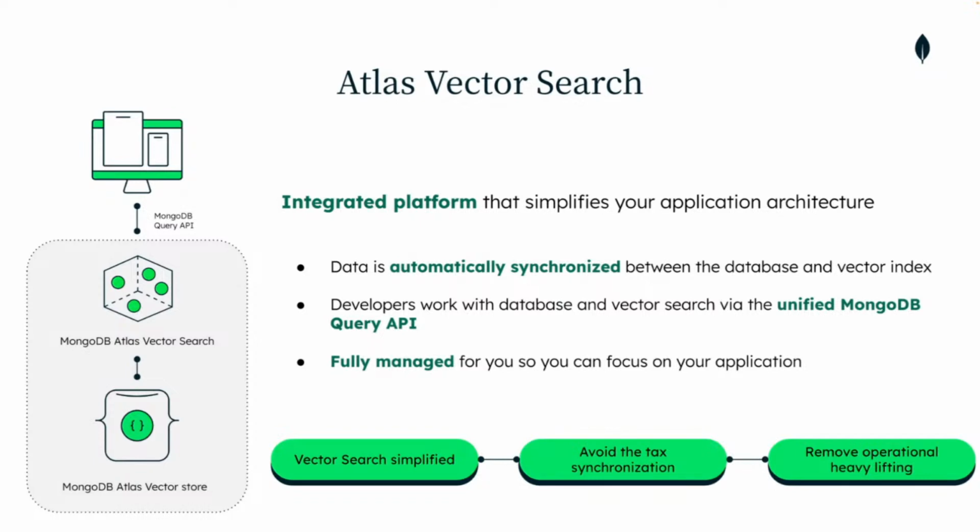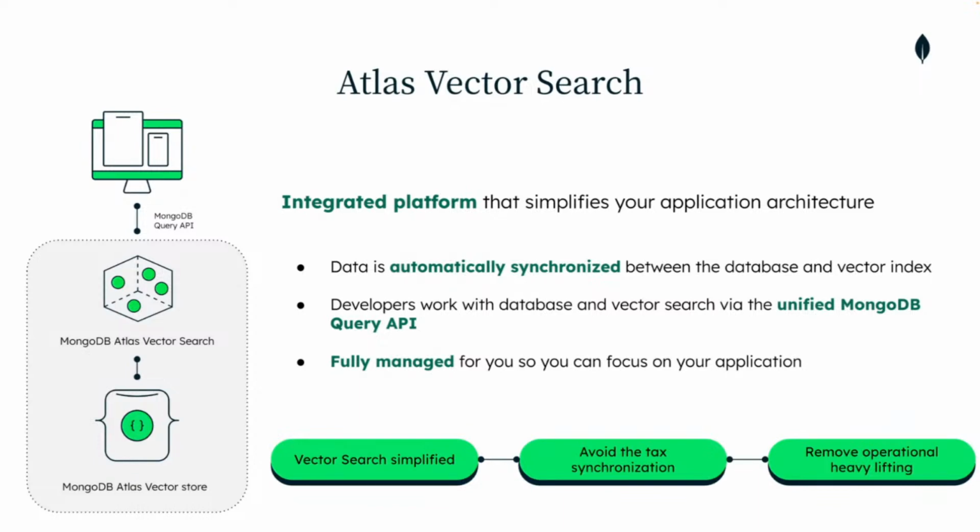Again, the biggest benefit of MongoDB Atlas is that everything is in the same place. You have your database hosted in one of the major cloud providers. You have Atlas Search, which is full text search, together with vector search. You can use one or the other, or both of them in your application. And you're querying all of your data using the unified MongoDB query API.